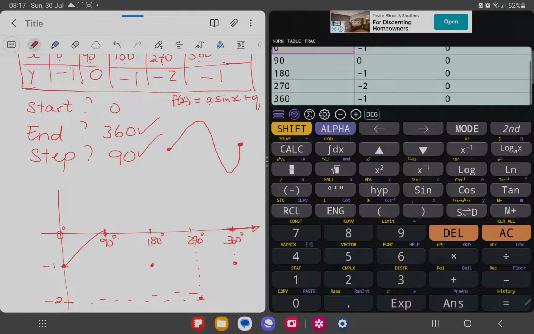You know what is the shape of the sine graph that we must get. So this is the shape. And from there, it goes down. From here, it ends here. And then you can label your graph. This is 360, -1.